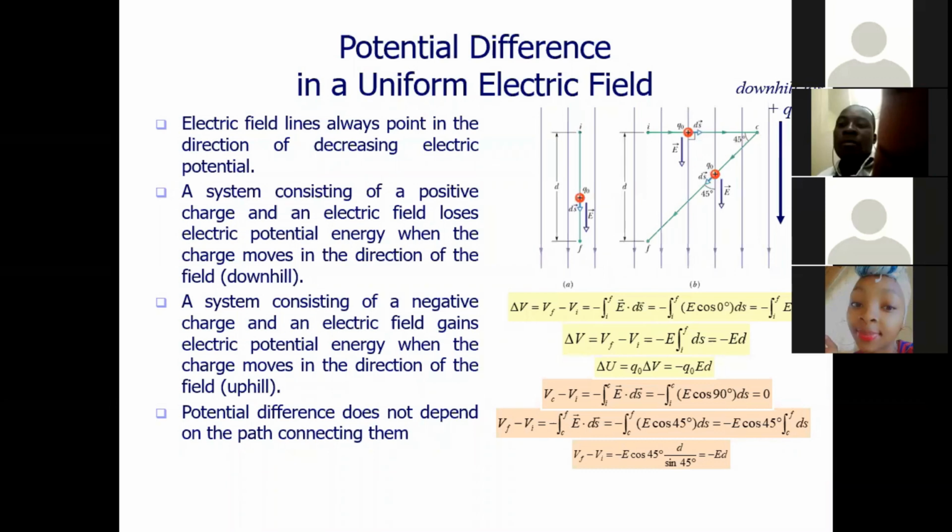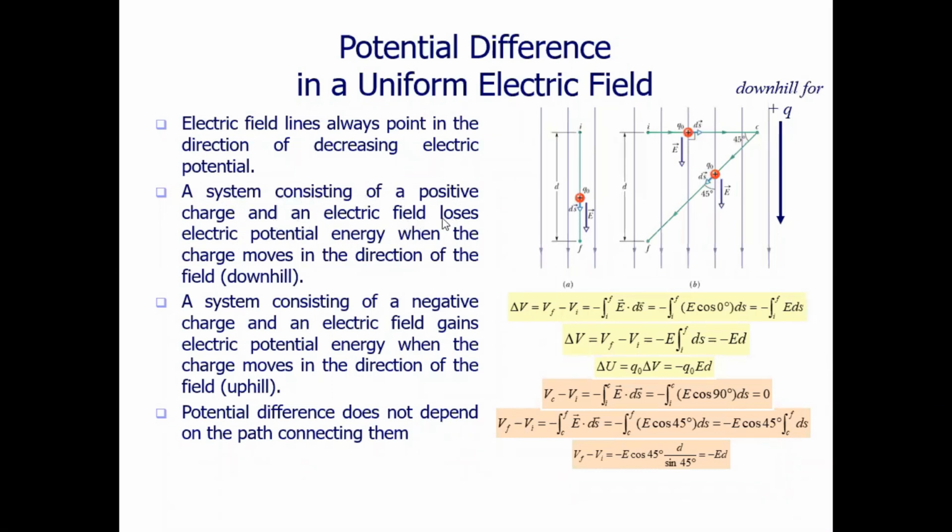Yes, very clear. Okay, so I was saying that a system consisting of a positive charge and an electric field loses electric potential energy when the charge moves in the direction of the electric field.